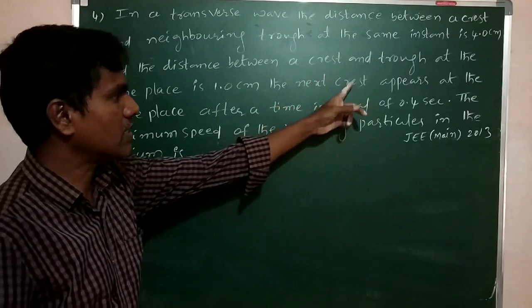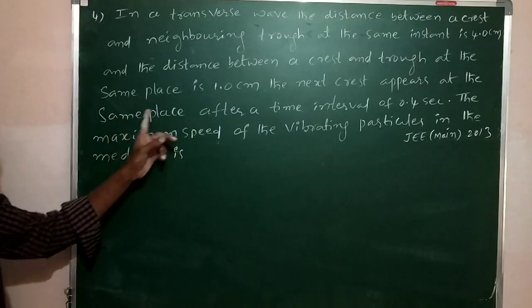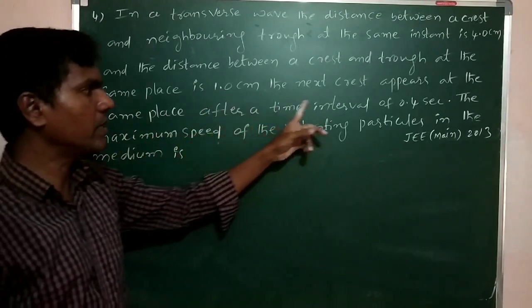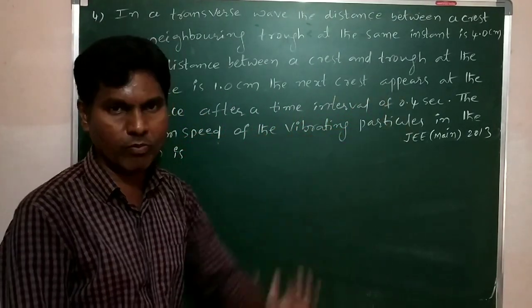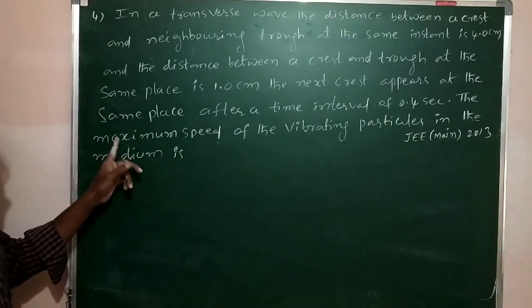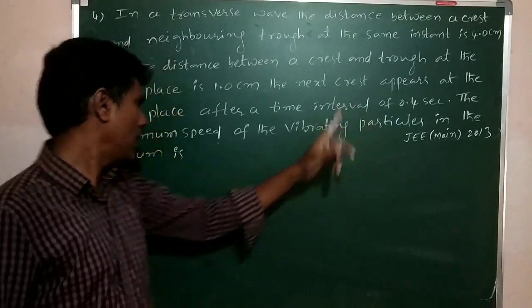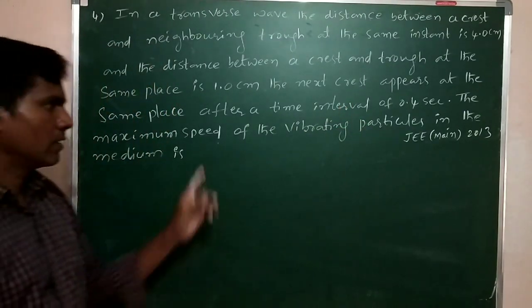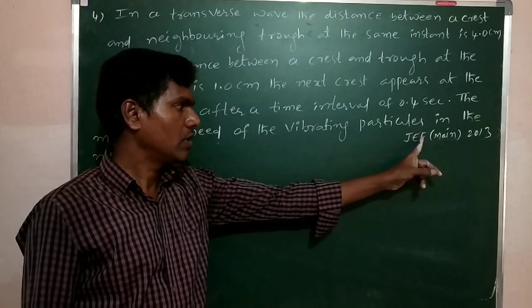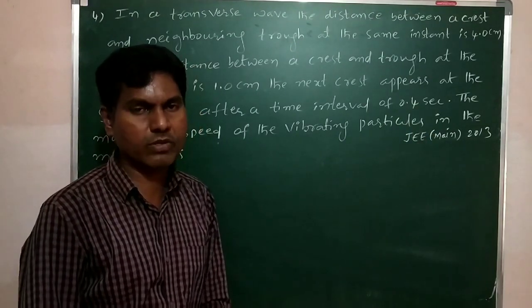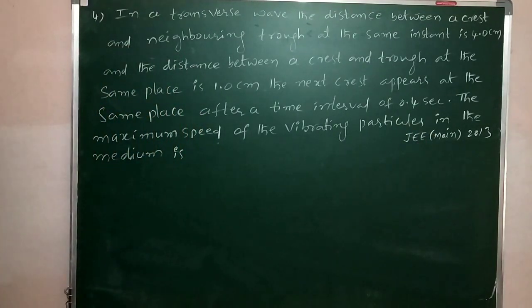The next crest appears at the same place after a time interval of 0.4 seconds. The maximum speed of the vibrating particles in the medium is. This question came in JEE Mains in 2013, so it is a previous question.